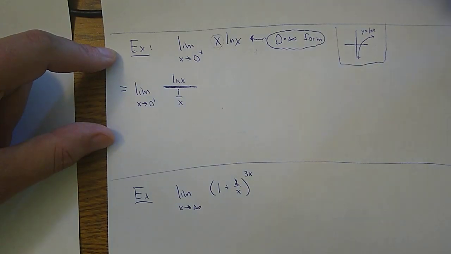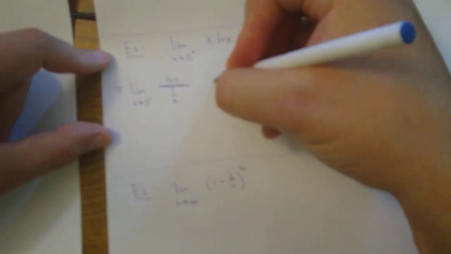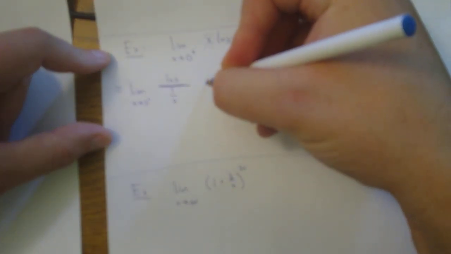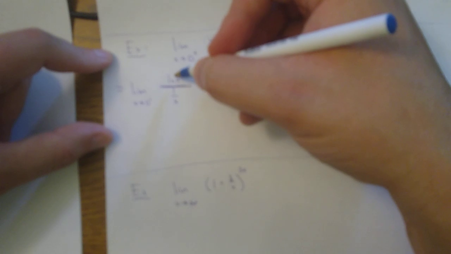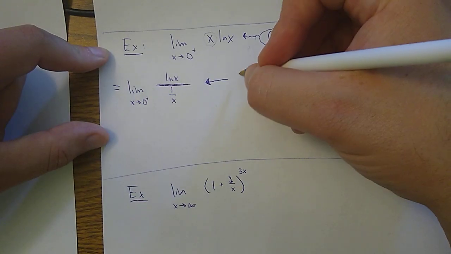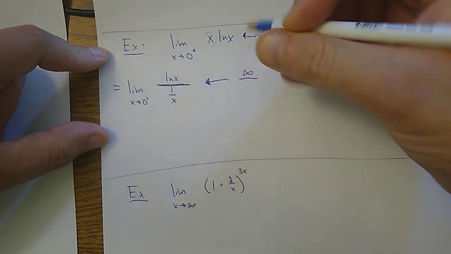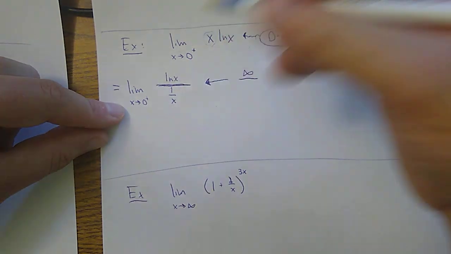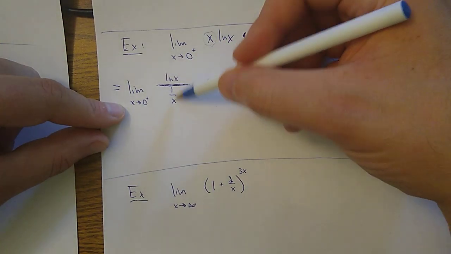Now, this limit is something that I can use L'Hopital's rule on, because the top, as we discussed, is going to negative infinity. The bottom, 1 over x, as x goes to 0 from the right, 1 over x goes to infinity, right?